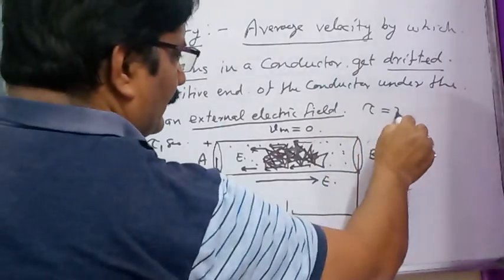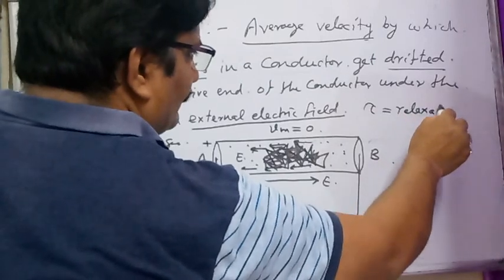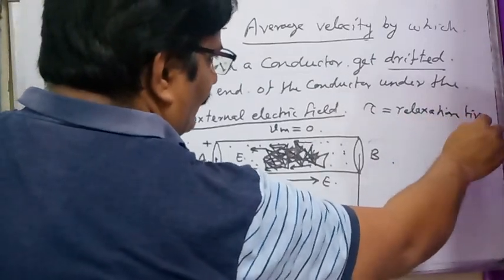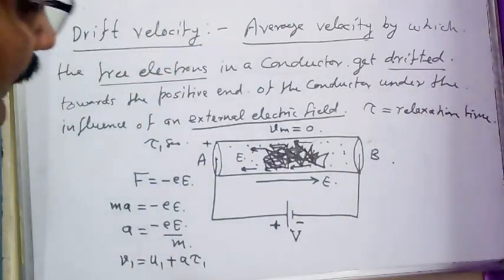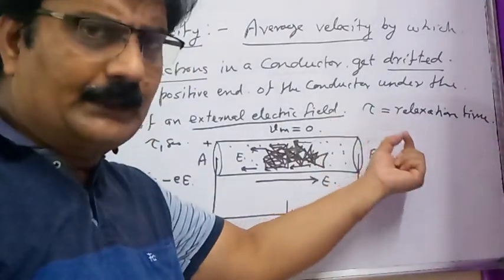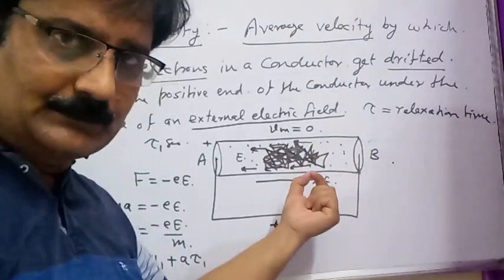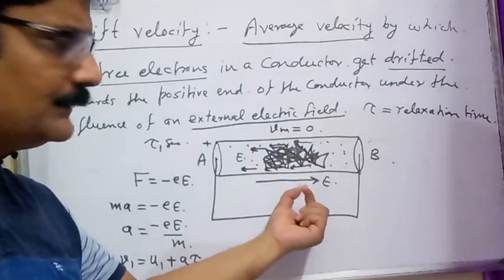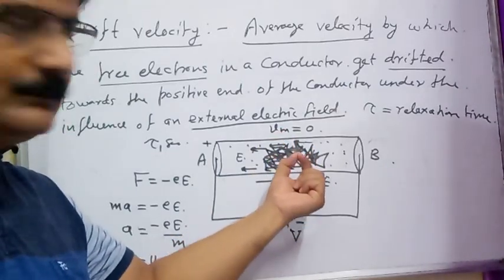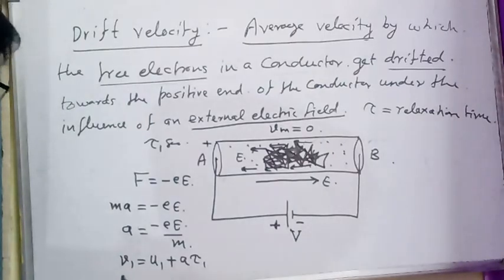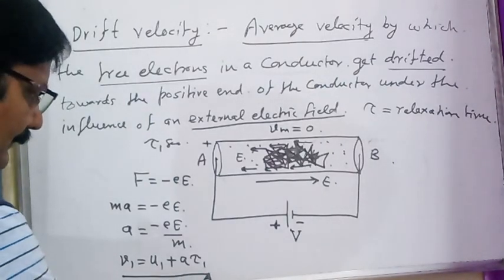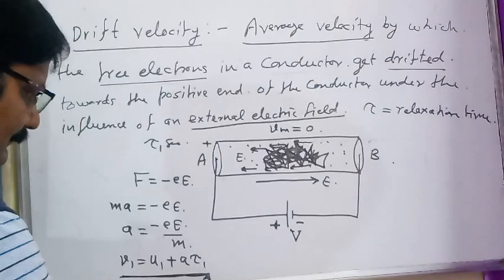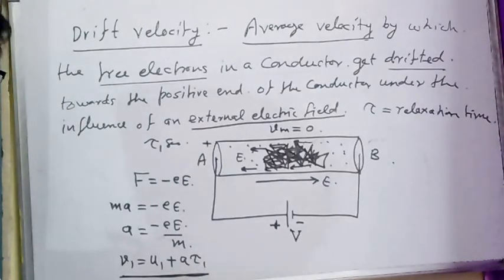What is tau? Tau is called relaxation time. Relaxation time is the time spent by the electron between two successive collisions, or the duration of time in which that electron accelerates due to the force acting on it. So this is the velocity acquired by the first electron, if its relaxation time is tau 1, initial velocity is u1 and final velocity is v1.